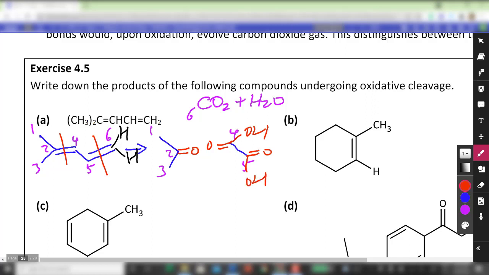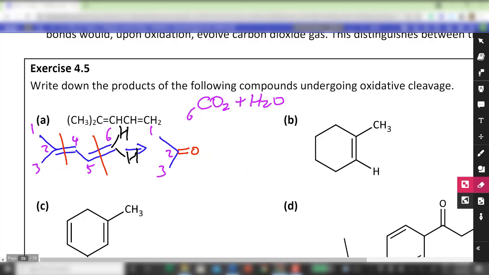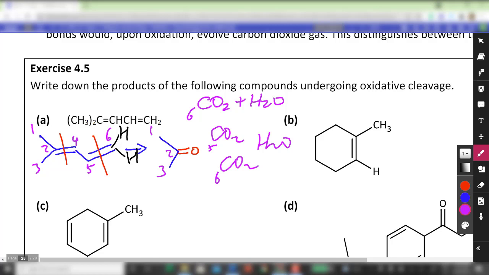Because it's a special case, it will be further oxidized to give you CO2 and H2O. So we're going to erase this whole thing, and because it's CO2 and H2O, I'm just going to redraw it a few times: CO2 from carbon 4, CO2 from carbon 5, CO2 from carbon 6, and then of course the H2O. Altogether, I'm going to end up with 3 products: a ketone, in this case propanone, 3 CO2 and 2 H2O.